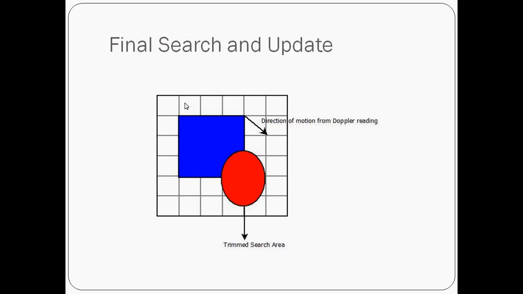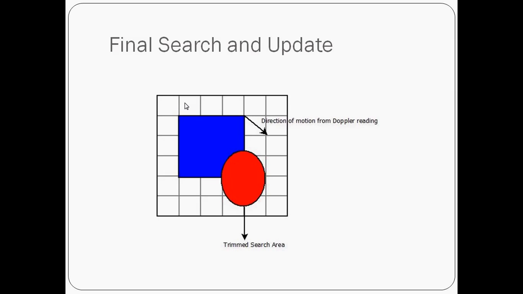So we have the blue block, and we have found out that the direction of motion is to the southeast. The red circle indicates the trimmed search area. We need not search in every direction. So we just take a look at either the south or the southeast direction, and the shift of the block which produces the highest correlation gives us the presence of the object in that frame.